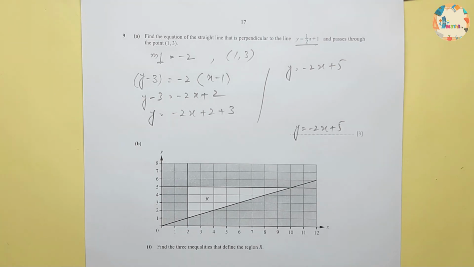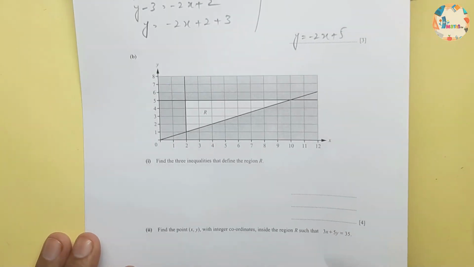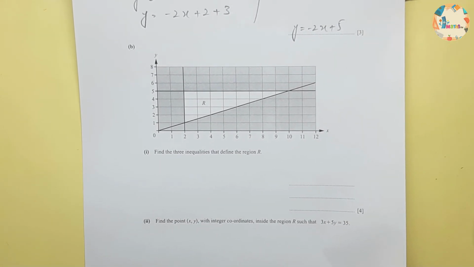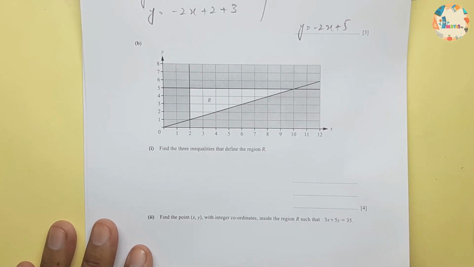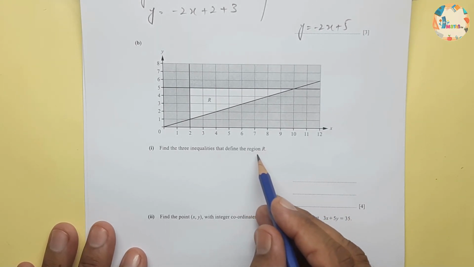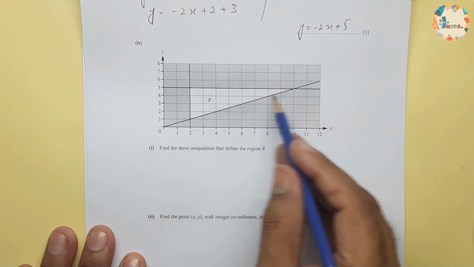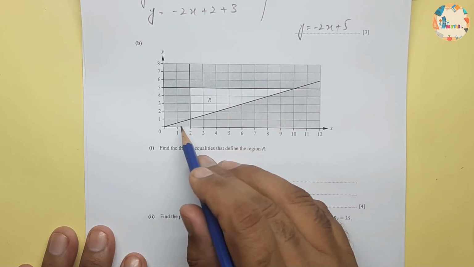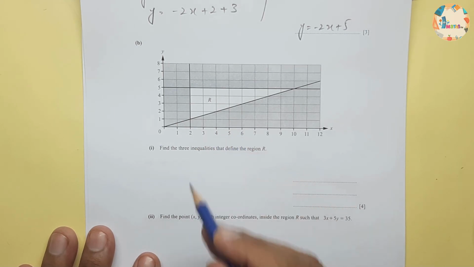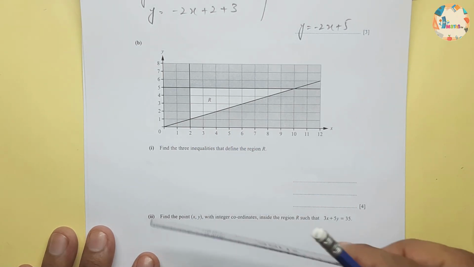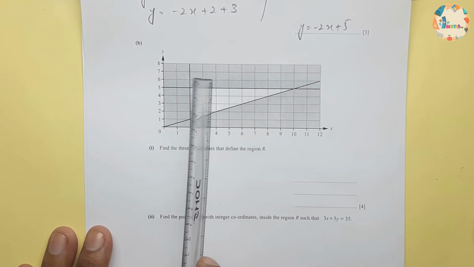Now B part, this diagram is given, grid is given. Find the 3 inequalities that define the region R. So all 3 are solid lines.